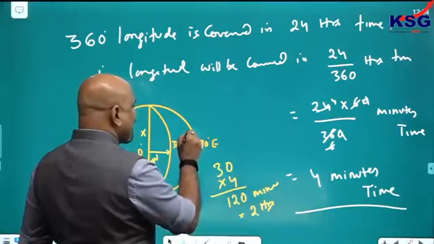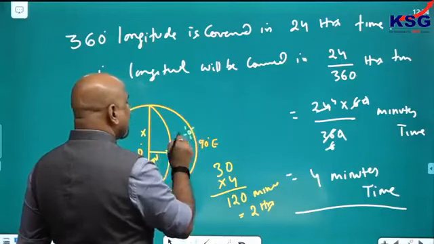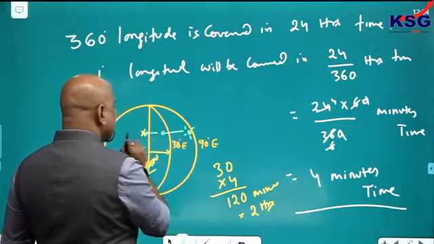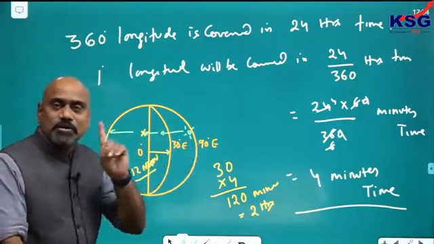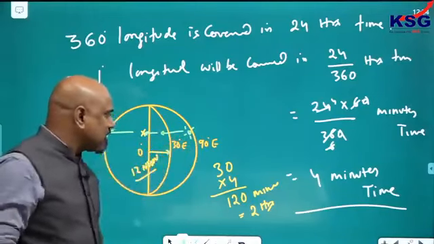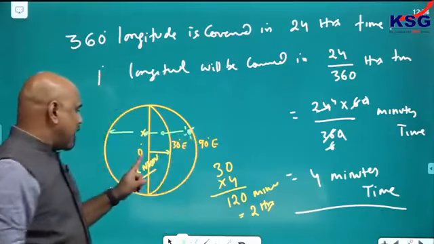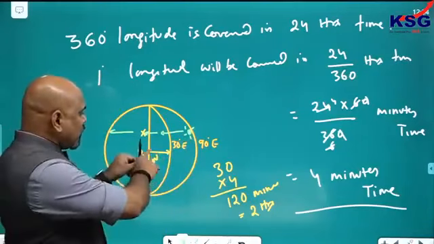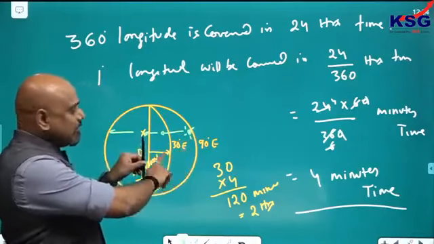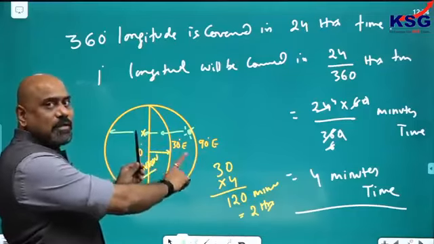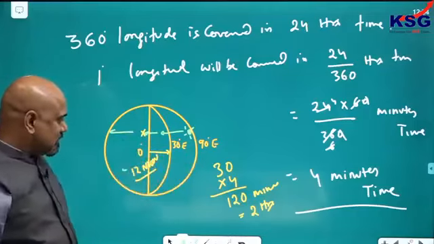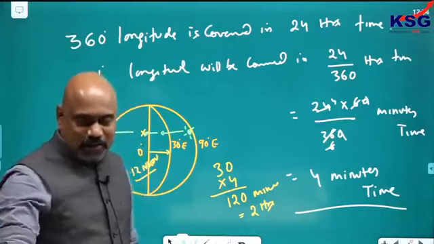Where will the first sunrise be? Here. Later on the sun will come in this way. The sun rises in the east, so the first sunrise will be in the east. So while you know the time at 0 degree and you want the east side, you have to add the 2 hours difference, yes, ahead.